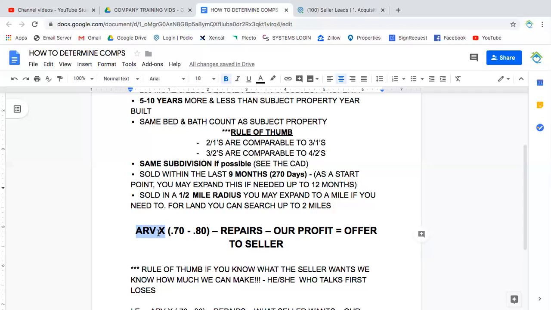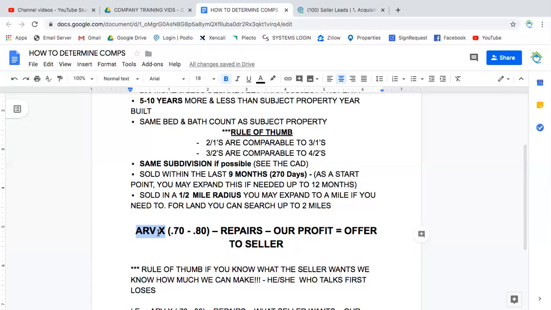Rule of thumb is a flipper, an investor that purchases the property to flip it, wants to see a minimum of around 25 to 35,000 in profits. If you're anywhere around 25,000, it might not be a good deal for the investor. 30,000 and up is about average that investors are looking for to do a rehab flip deal.